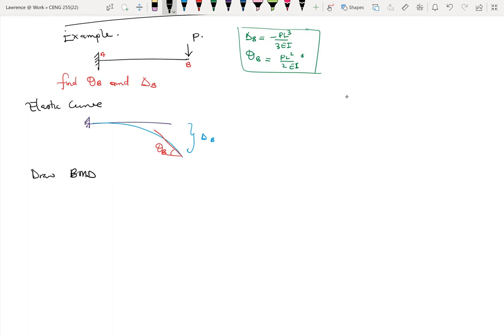No, that is for basic structures. At this point, I'm expecting that we should easily know how to find moments without too much stress. So here, this is how the bending moment looks like. It's a negative moment with the maximum value being PL over here.